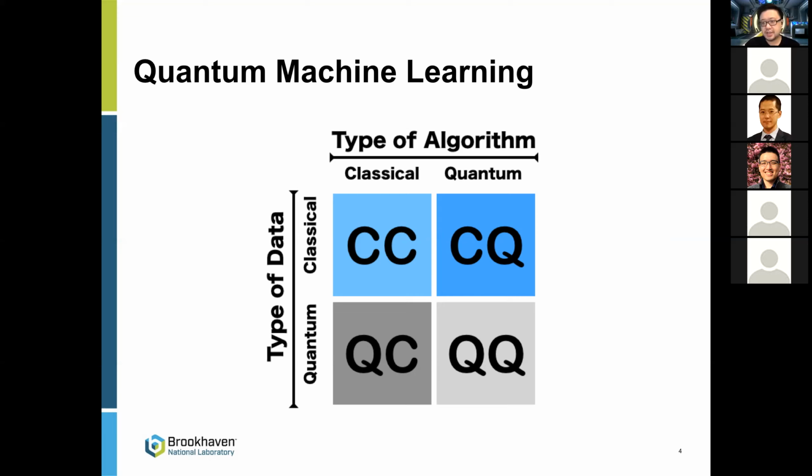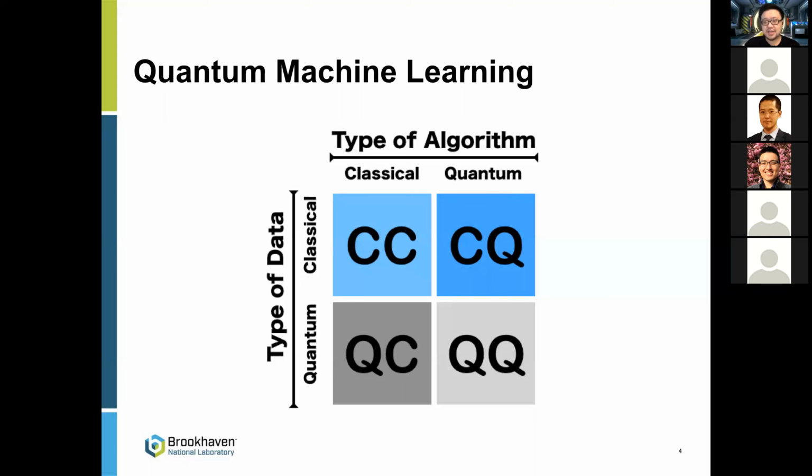And finally, the QQ represents using quantum algorithms to process quantum data. And this is the most advanced but unexplored area because quantum algorithms and quantum machine learning methods are still in a very early stage. So we don't have many tools to deal with quantum data.